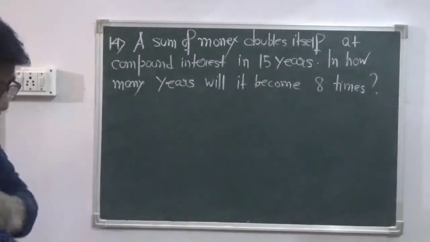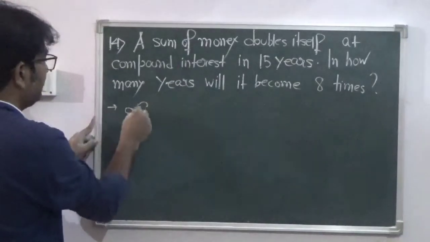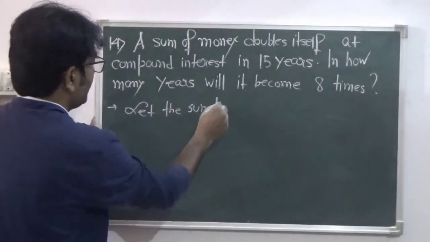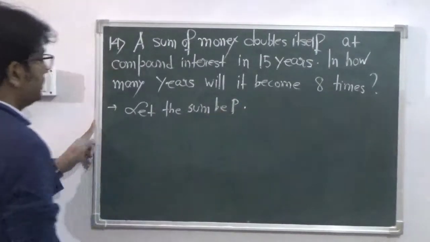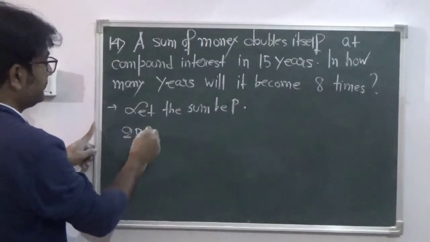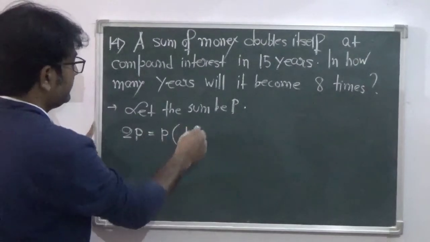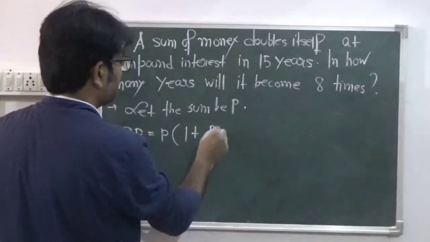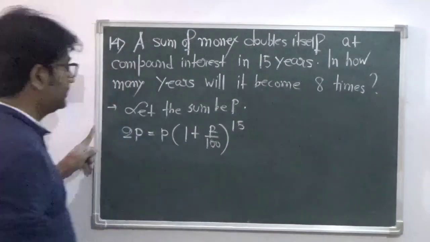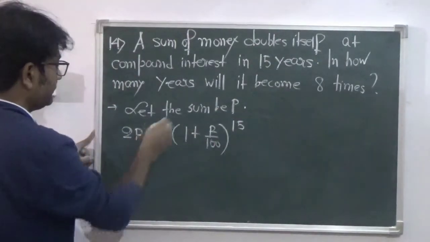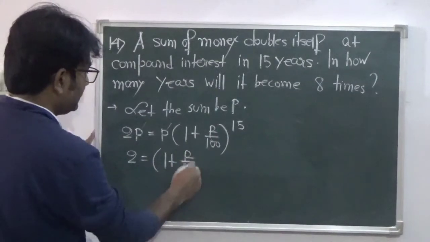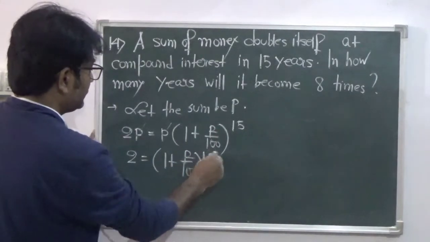So let the sum be P. It doubles itself, so the amount is 2P, which is P into (1 plus r by 100) to the power of 15. P and P cancel out. So 2 equals (1 plus r by 100) to the power of 15.